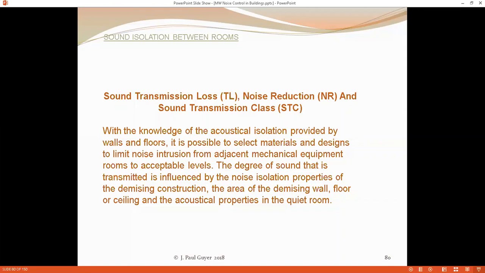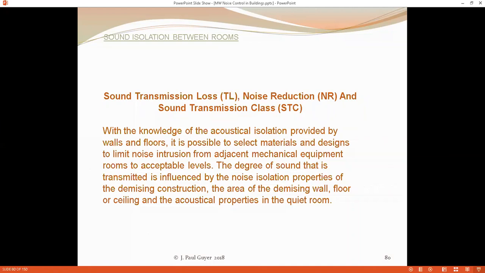And there are things that you can do to improve the sound reducing characteristics of a barrier like a wall. One of the things you can do is use staggered studs.